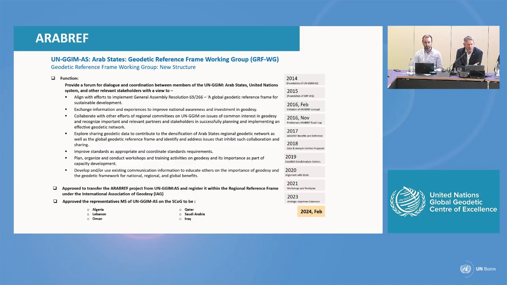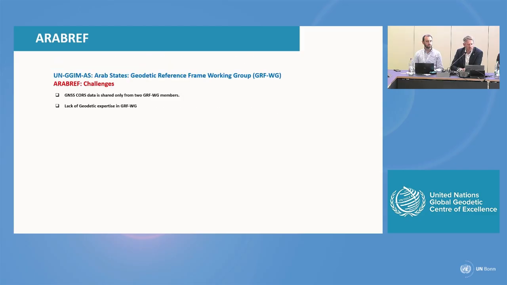But we also can't do it for them. As you would know, in any region, it needs to be driven internally. So this is a problem that we're having within Africa and the Arab states at the moment, identifying those regional leaders who are prepared to step up and champion this initiative. So I'll stop there.